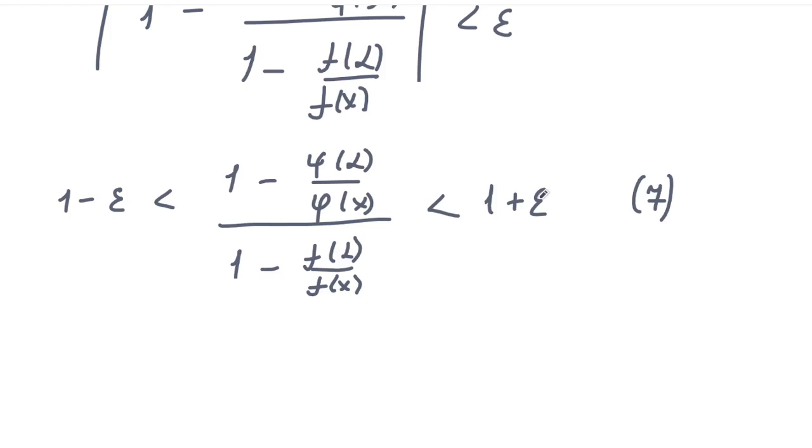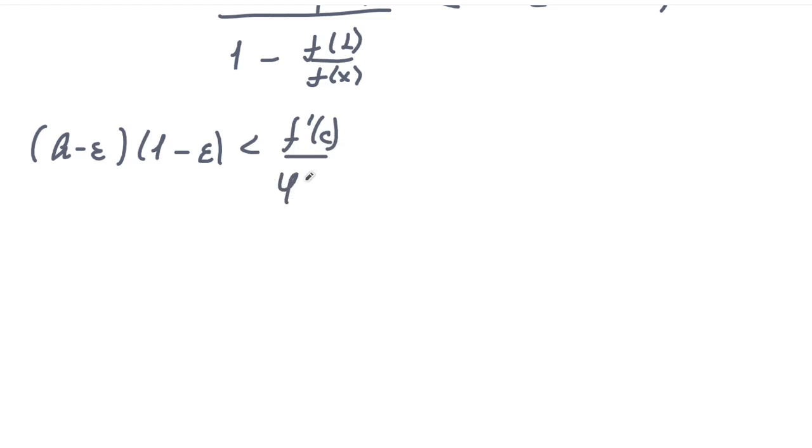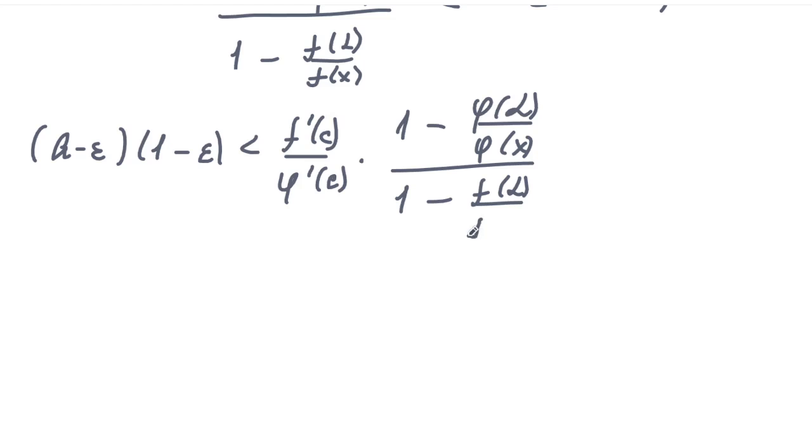Multiplying together the appropriate terms of inequalities 6 and 7, we get A minus epsilon times 1 minus epsilon is less than f prime of c over phi prime of c times our ratio, and less than A plus epsilon times 1 plus epsilon.